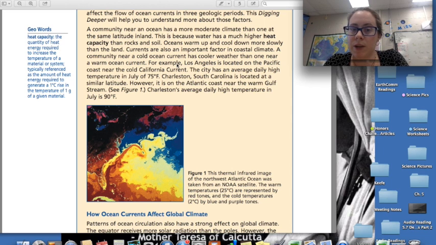And you will also find that coastal communities will be warmer during the winter and cooler during the summer because of the ocean, and the ocean will warm up the area during the winter when it's much colder and that nice above freezing water is warming up the area.